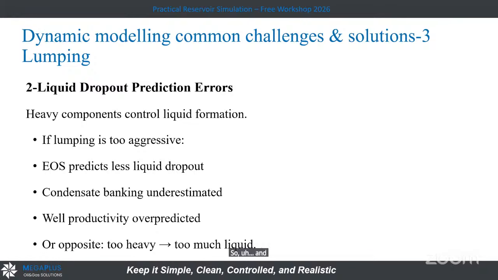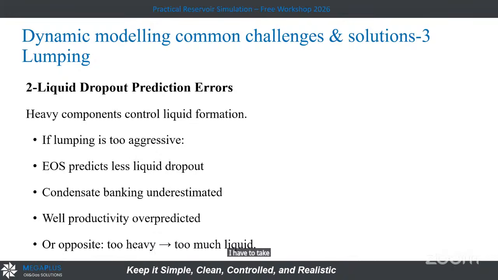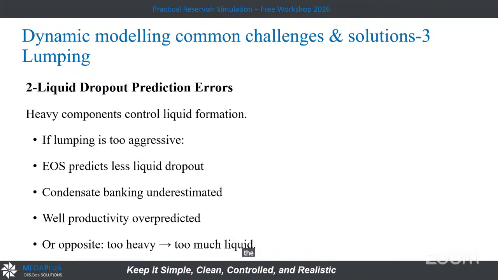And of course, if I have a liquid dropout, if I have condensate banking and liquid dropout, I have to take care of lumping very well, because in the gas condensation or the liquid dropout that will happen, the aim of the work will be the components.